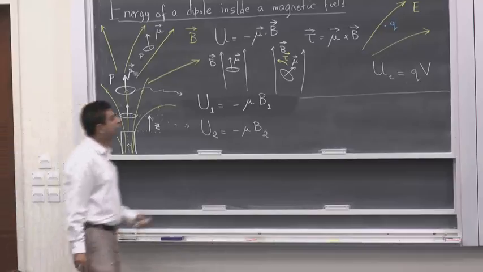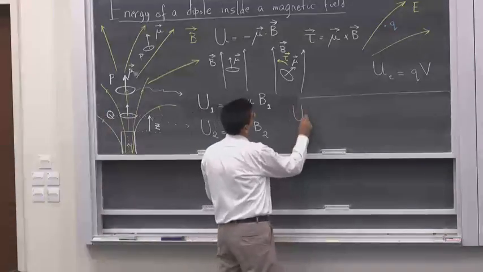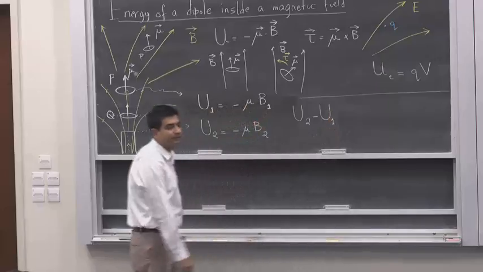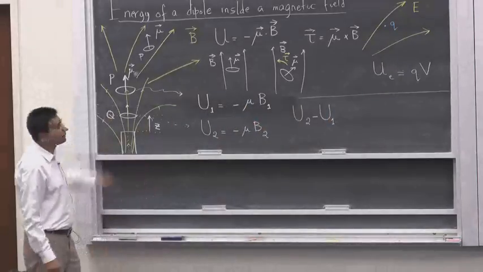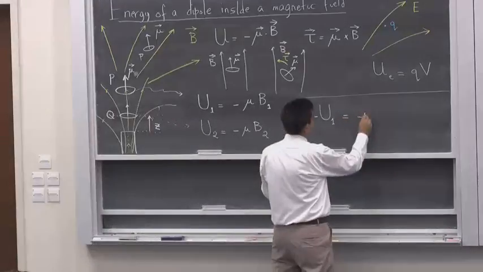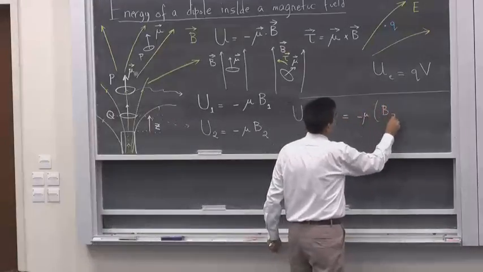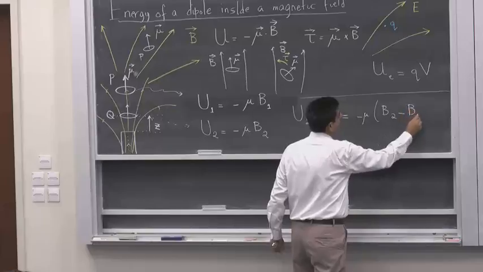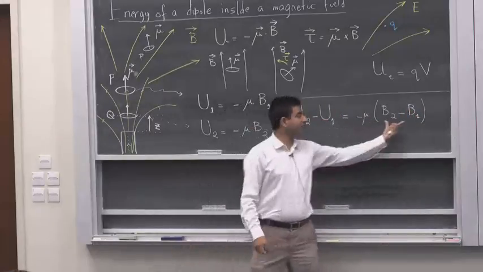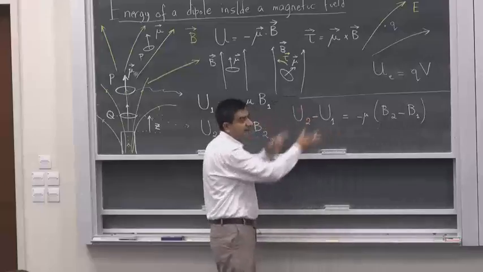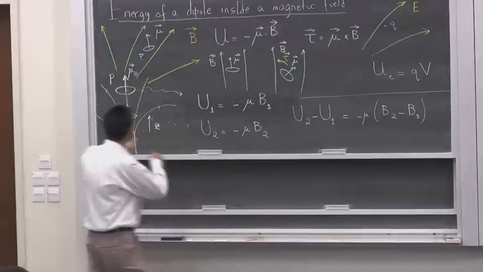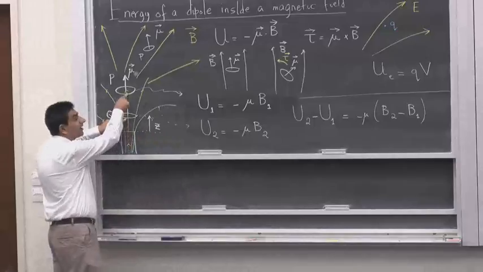Now if I were to find out U2 minus U1, which is the difference of the potential energies, it turns out to be minus mu (B2 minus B1). Now B2 is larger than B1, so this is positive and this is negative. This means that U2 is smaller than U1. So the potential energy is smaller here and it's larger here.